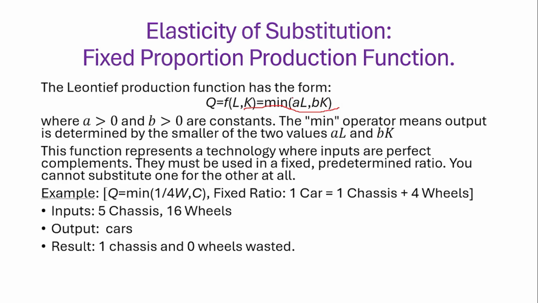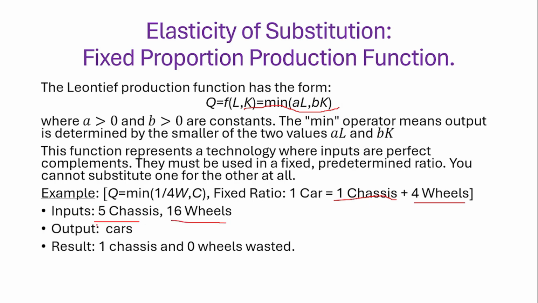When the inputs are complements to each other, that's why the Leontief production function contains minimum. For example, a car needs one chassis and four wheels, but we have five chassis and 16 wheels.